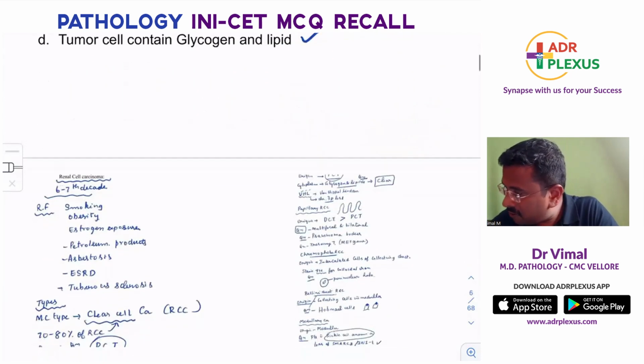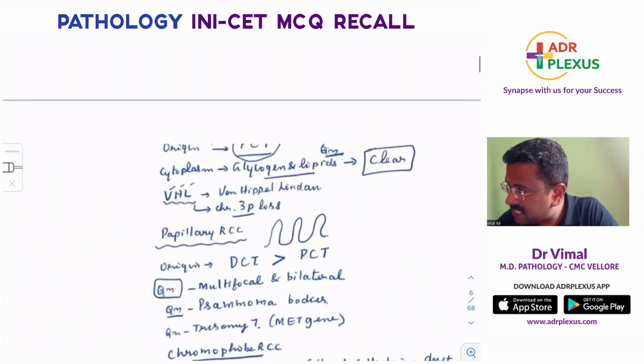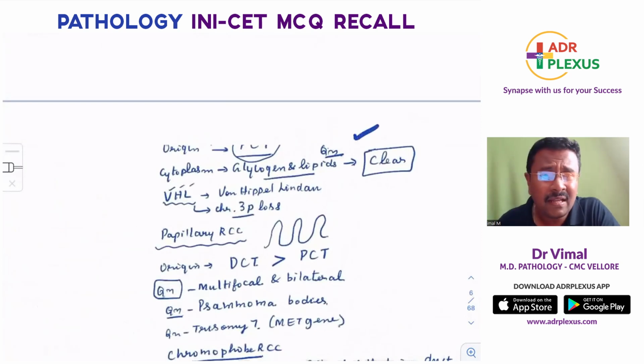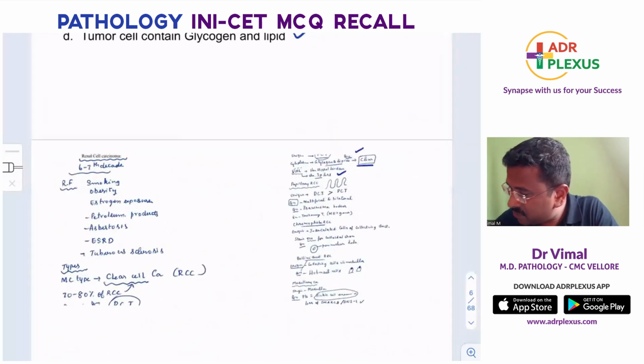These are all discussed in our MCQ and workbook-based teaching in our ADrPlexus. We have discussed the 3p loss, the clear cytoplasm and the sporadic nature of this tumor.